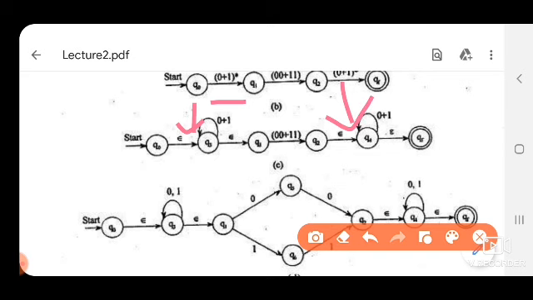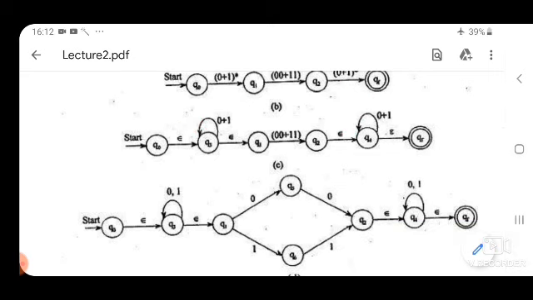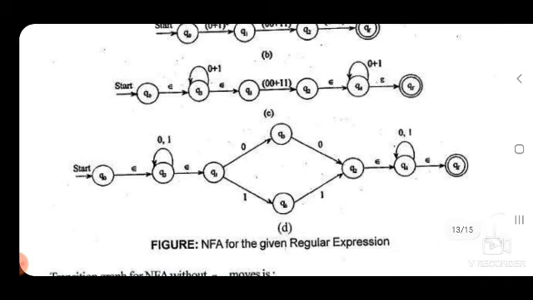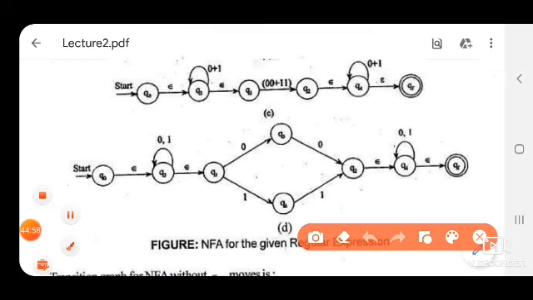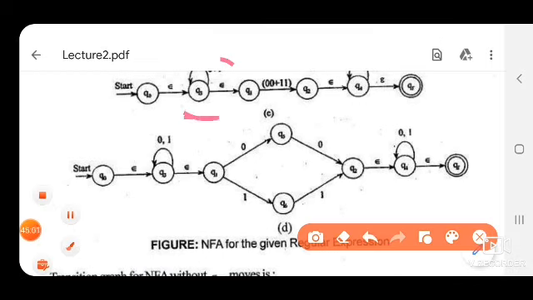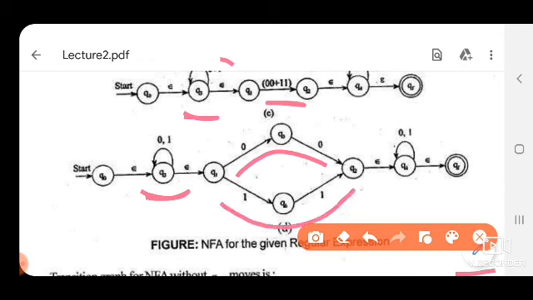Okay. And in the next figure we have represented 0 plus 1 in this manner, and for 0 0 plus 1 1, there is a plus operator between 0 0 and 1 1. So 0 0 is parallel to 1 1, and between the 0s there is a dot operator.